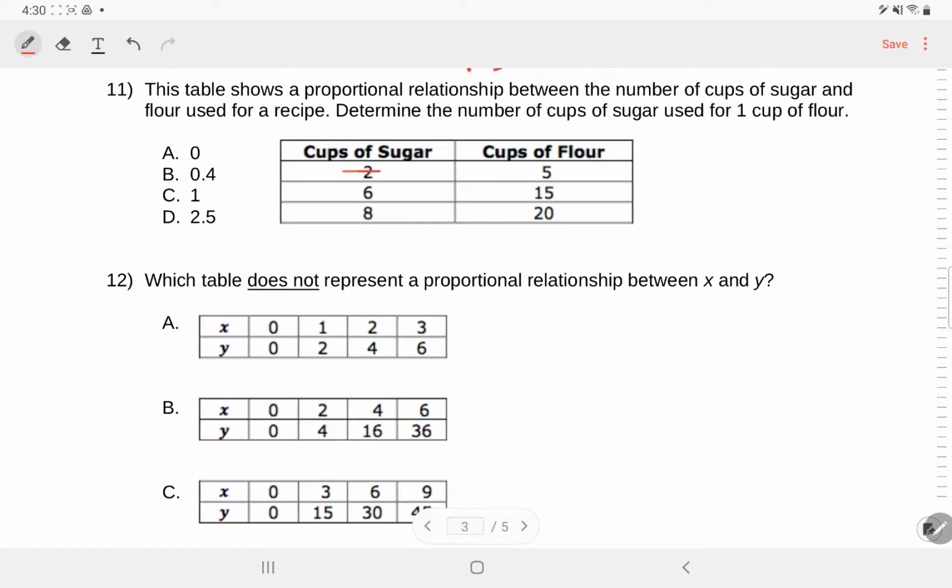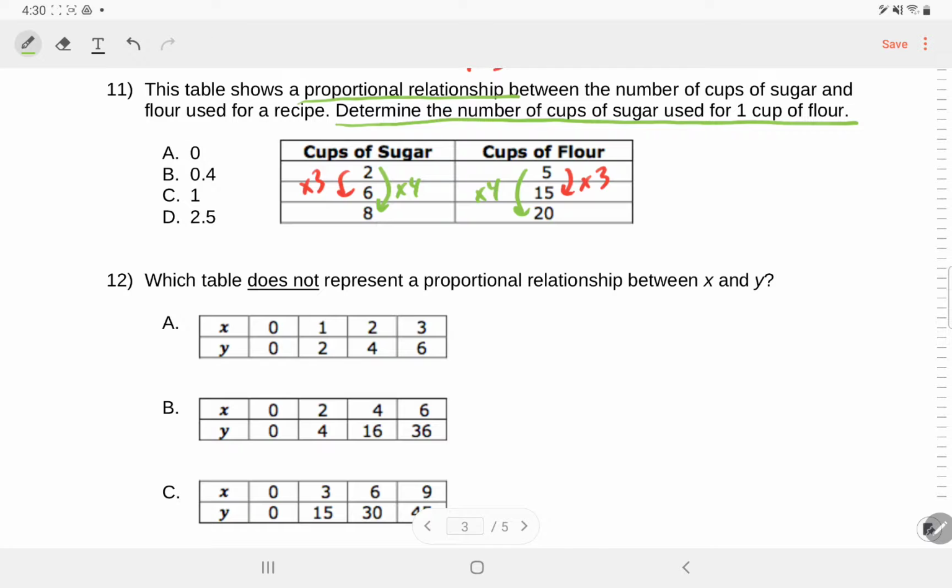It's totally scaled out. That is, 2 times 3 will give us 6, and 5 times 3 gives us 15. And then we can also do it where 2 times 4 gives us 8, and 5 times 4 will give us 20. So this is a proportional relationship, as the problem states. Now, the question's asking, determine the number of cups of sugar used for 1 cup of flour.